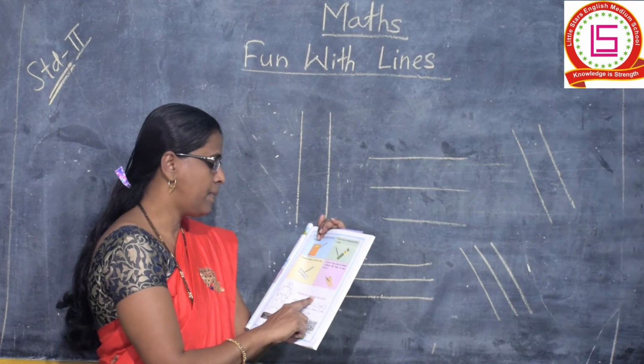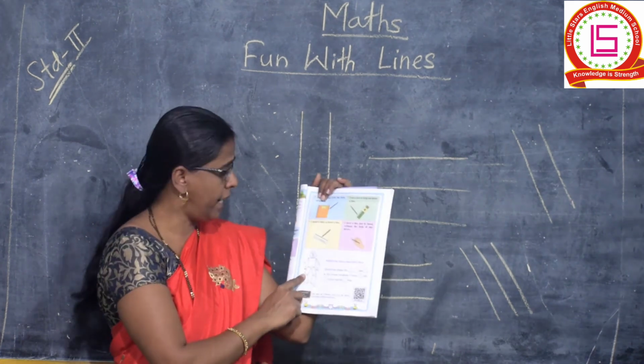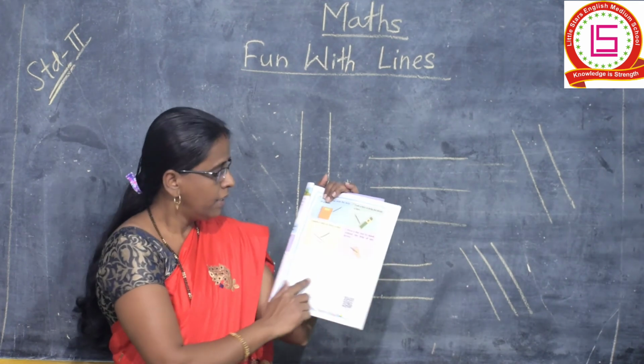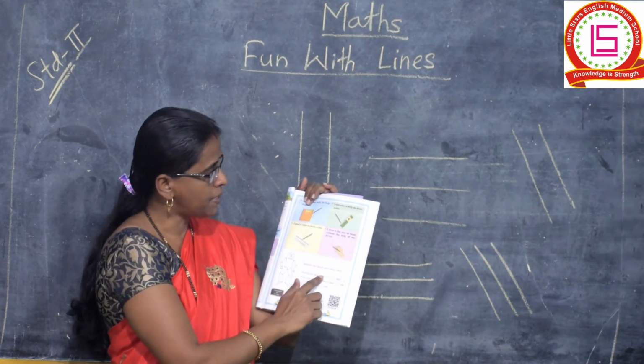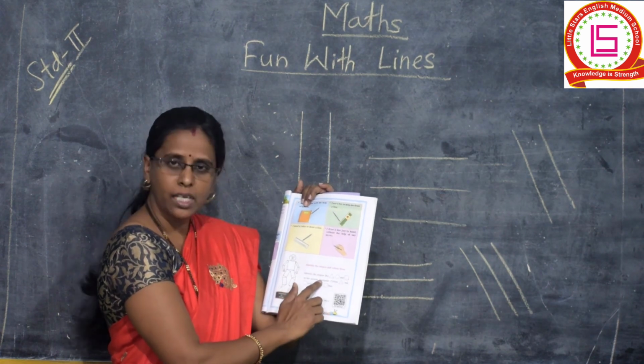Identify the shapes and color them. See here, some squares, rectangles, circles in this picture. Identify the shapes like triangle, circle, square in the picture alongside.